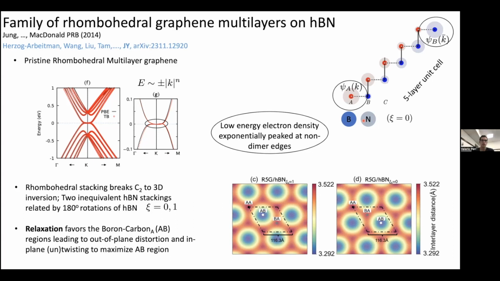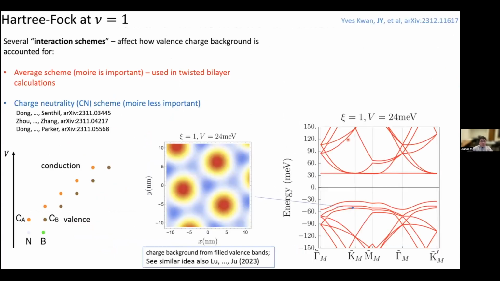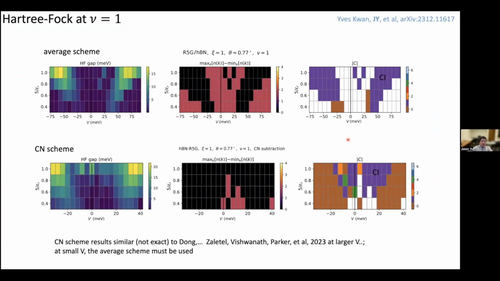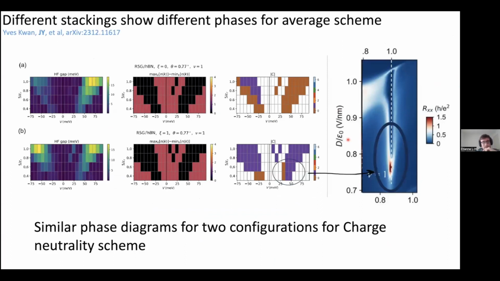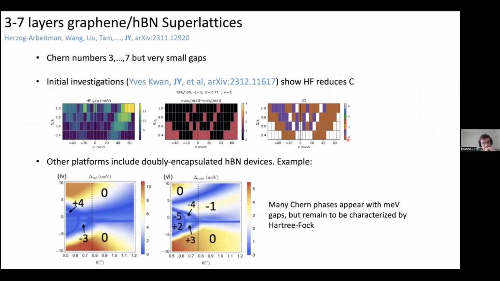Other questions? Yeah, can you comment on the trends that you see with different numbers of layers? For the trend, first of all, at single particle level, the Chern number is different. Basically, the Chern number is just the layer number for the lowest conduction band.